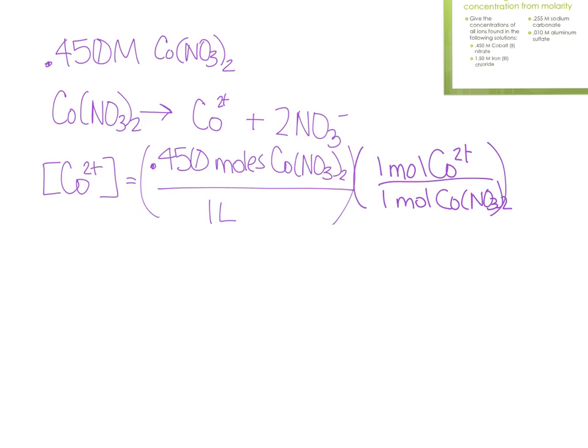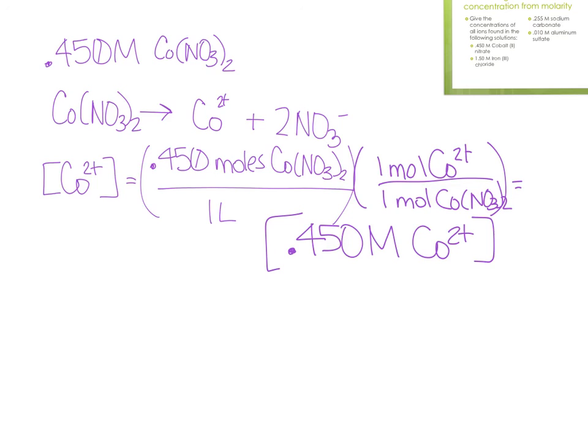So now this is going to give me the concentration in moles per liter of my cobalt ions. This one happens to be real easy. It's just 1 to 1, but you still have to show this work. You don't show the work, you don't get the credit. You'd end up with 0.450 molar Co2+, and that's going to be your concentration of the cobalt ions.